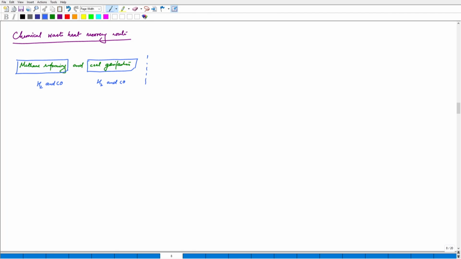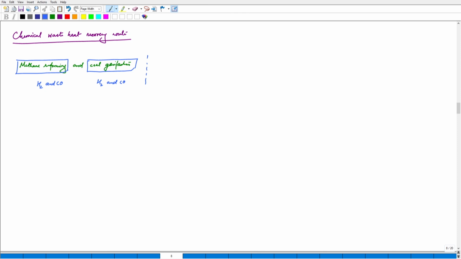Of course, hydrogen and CO, when they are being produced from the blast furnace slag, these conversions itself is of larger economic value compared to the direct heat utilization.